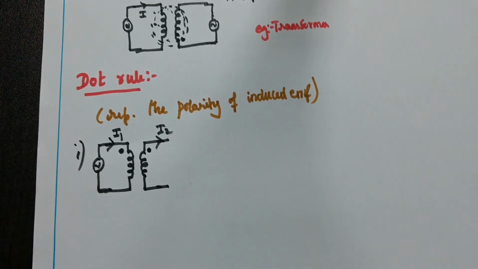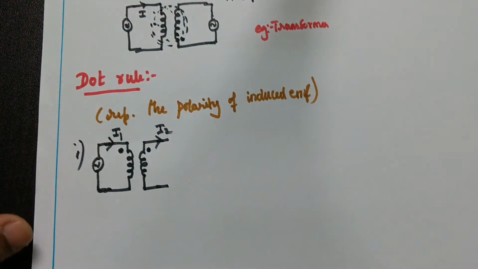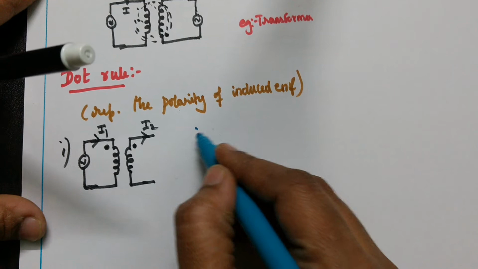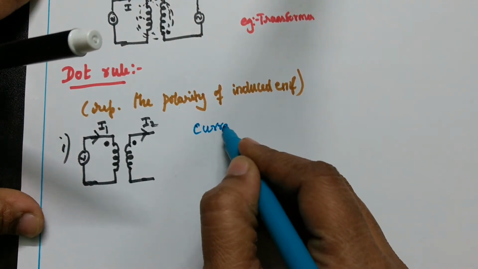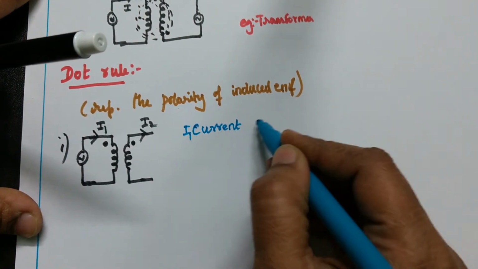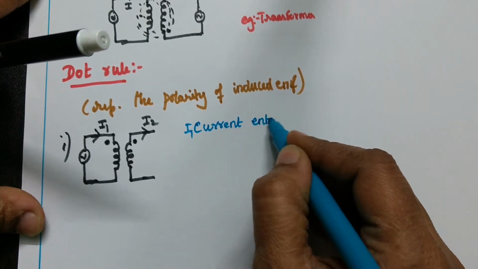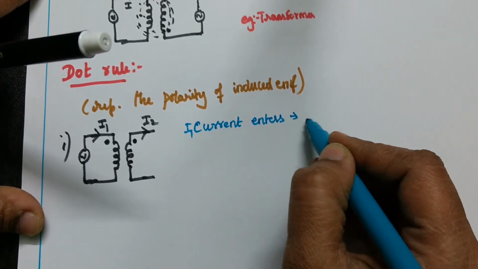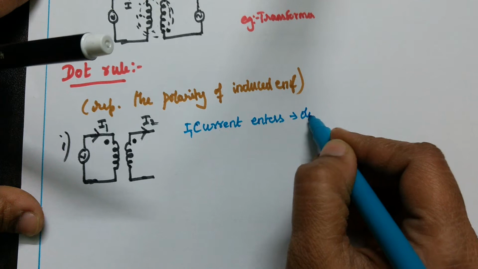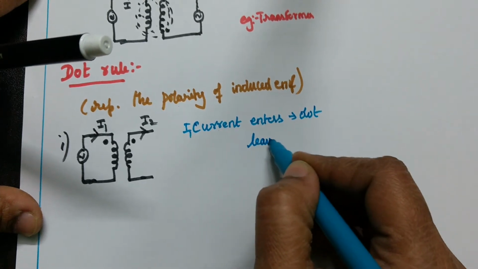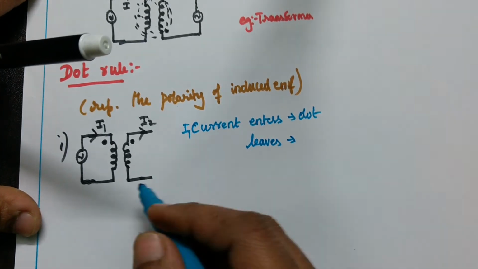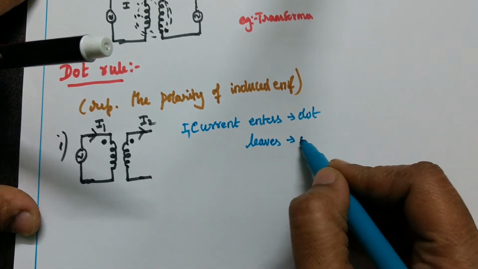So in this case, I1 current enters at the dotted end of the primary and leaves from the dotted end of the secondary winding.